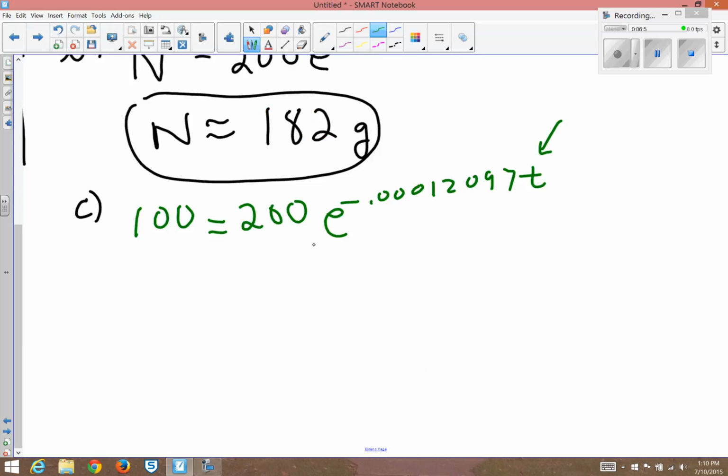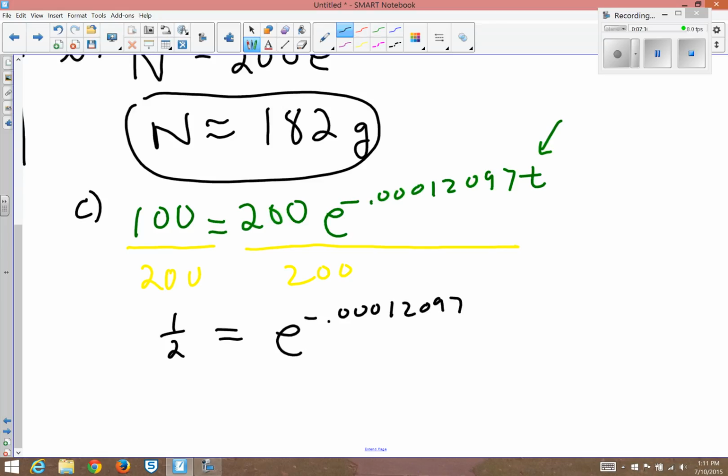So we divide both sides by 200. When we divide 100 by 200, we get 1/2, or 0.5. And on the other side, the 200s cancel. We still have e to the negative 0.00012097 t.